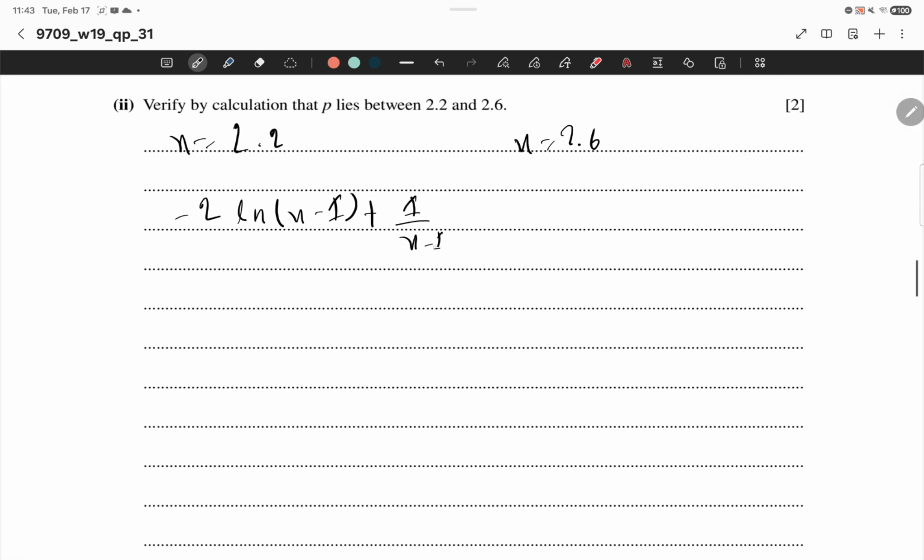I think writing could have been faster anyways. So we first of all put the value 2.2. Just also flip the equation. So yeah, 1 by 2.2 minus 1 minus 2 ln 2.2 minus 1 is basically f 2.2.